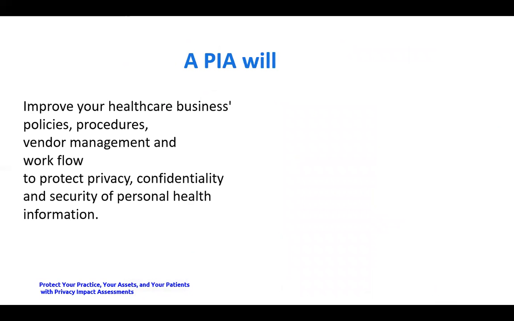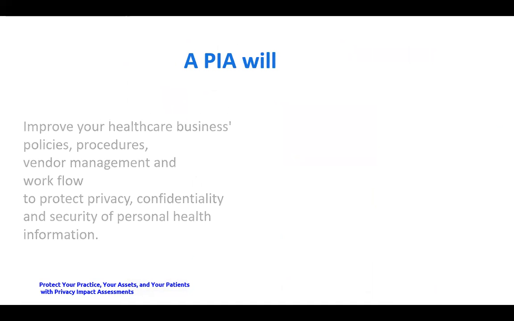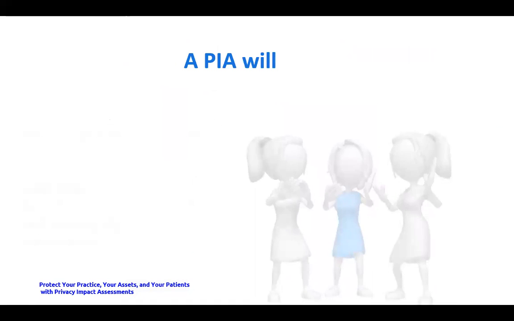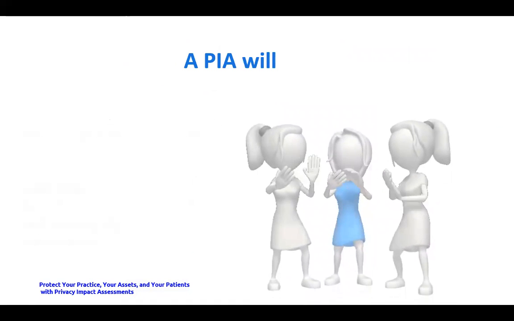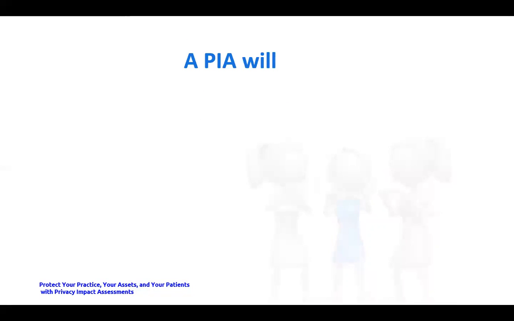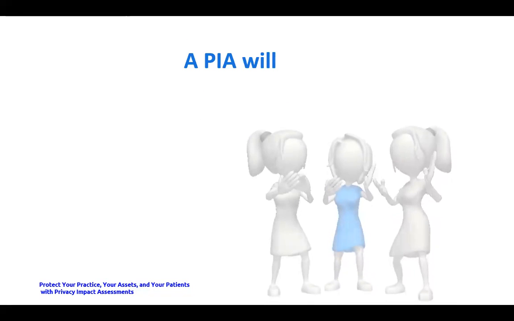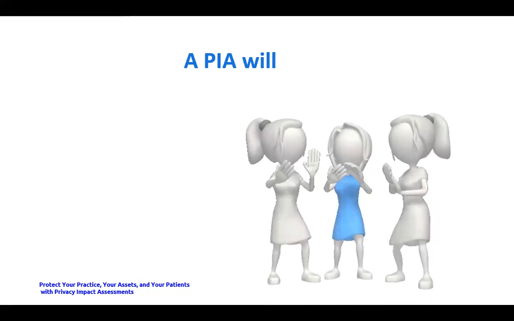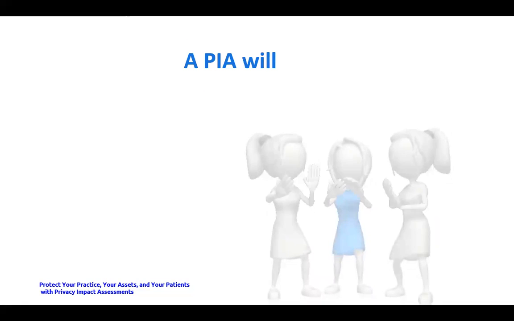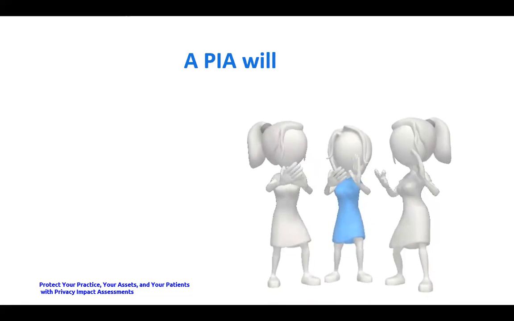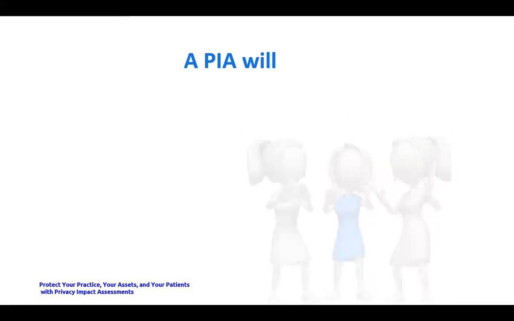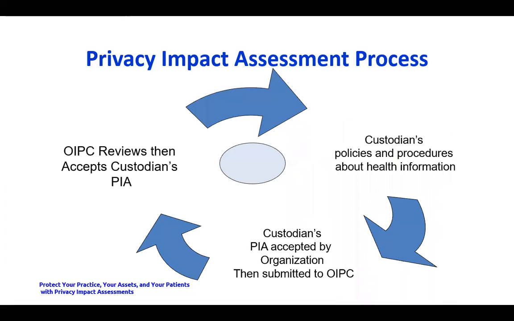A privacy impact assessment will help you to improve your healthcare business's policies, procedures, vendor management, workflow, and help you to identify the understanding and expectations about your group practice, your employees, and the vendors. So a PIA will provide all sorts of additional benefits for you in your practice. Now, when do you need to do a privacy impact assessment?